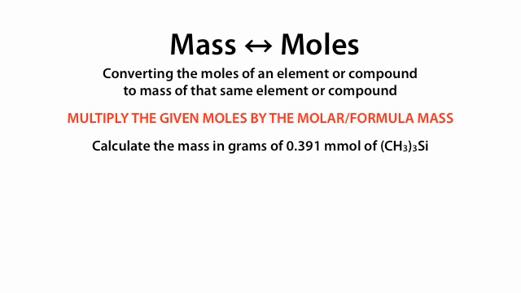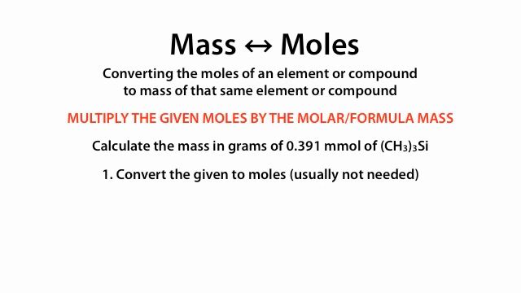Calculate the mass in grams of 0.391 millimole of CH3SI. Step 1. Convert the given to moles. Usually not needed, but in this case, since we have 0.391 millimoles, we have to convert millimoles to moles.